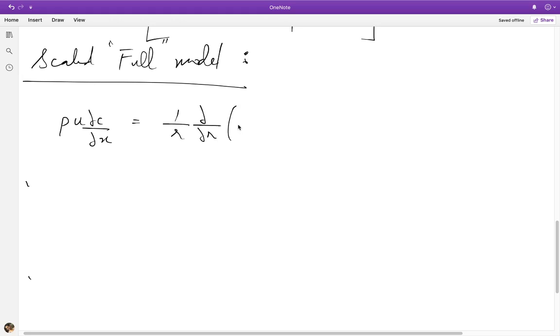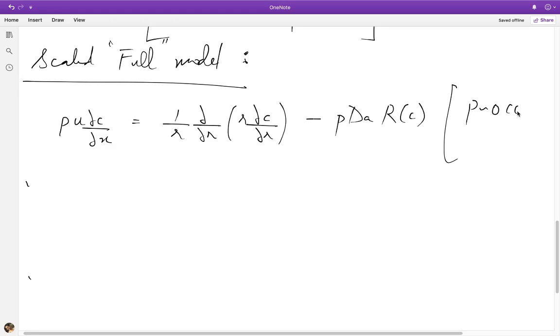We then have the radial diffusion term, where R of C is either C for a first order reaction, C square for second order reaction, and so on. And remember my scaling, of course, that Peclet is order epsilon. Damkohler we're going to assume is order 1.